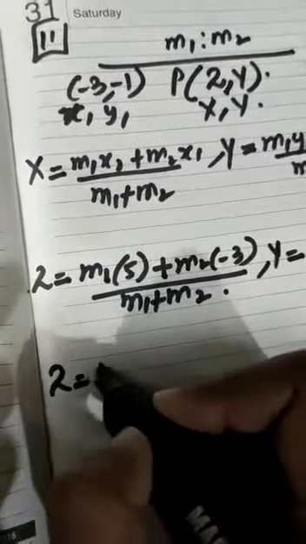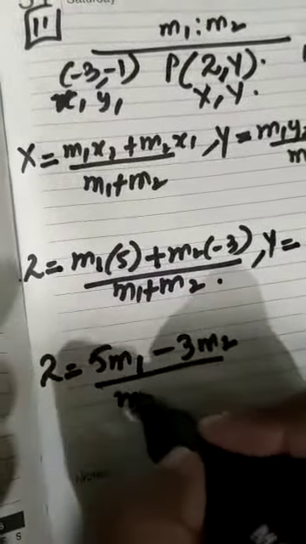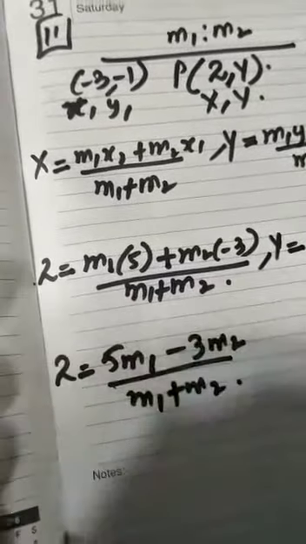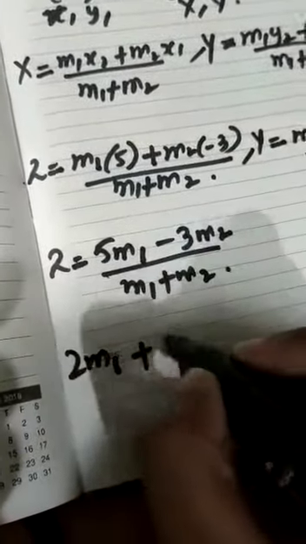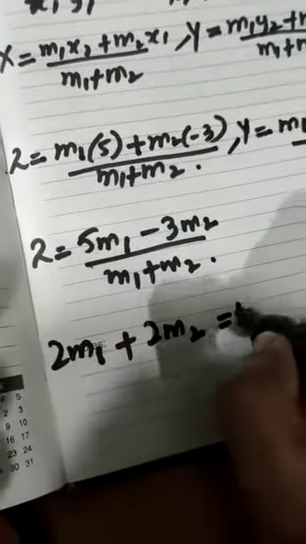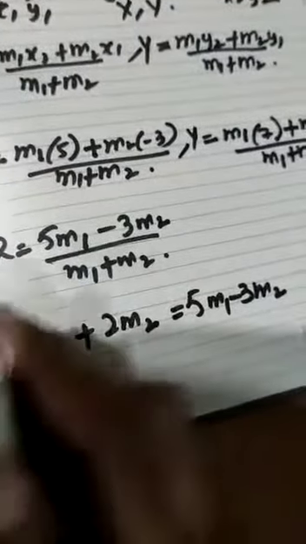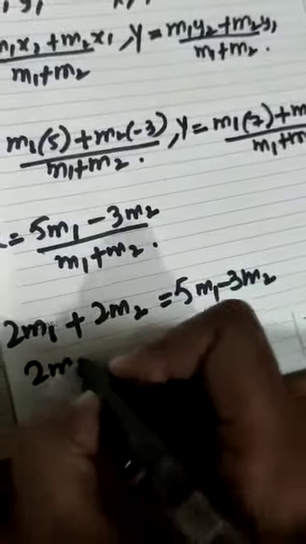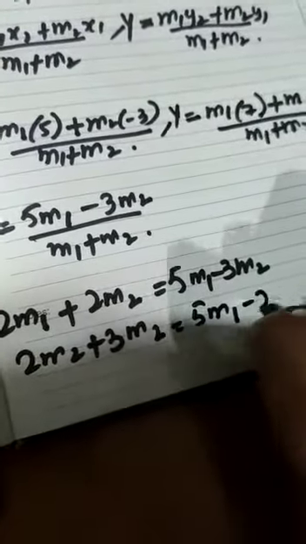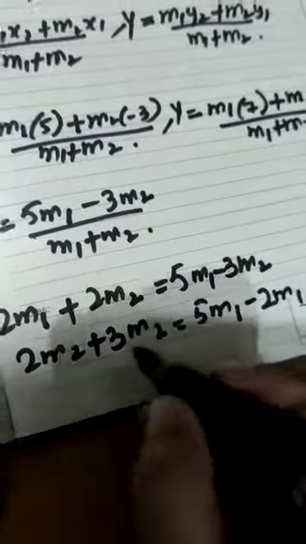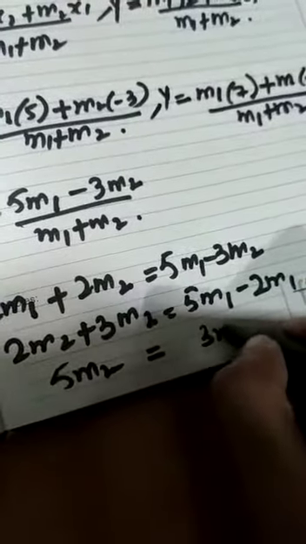Now 2(m1 + m2) is equal to 5 m1 minus 3 m2. Now 2 m2 plus 3 m2 is 5 m2, and 5 m1 minus 2 m1 is 3 m1.